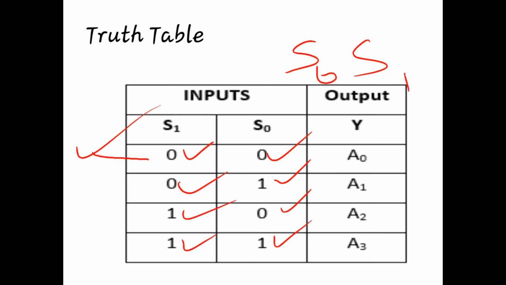So when we talk about this row, when both the selection lines are 0 0, then the input will be selected as A0. Similarly, A1, A2, A3, they all are going to be selected with respect to these values.